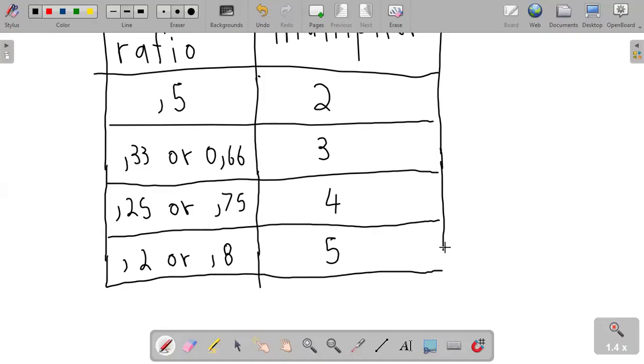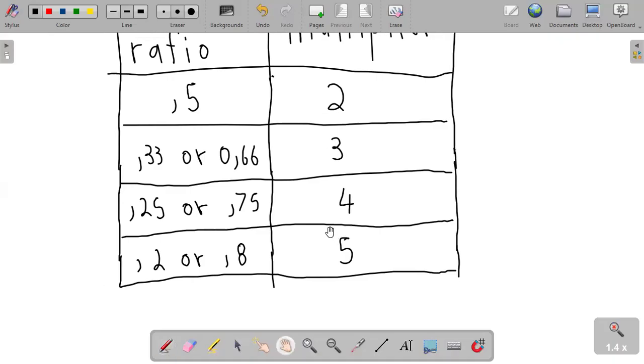Some of the cases are common, but some of them are not so common. I will show you. The thing that we should know here is that every time you use a multiplier, then the ratio will be outside the table.